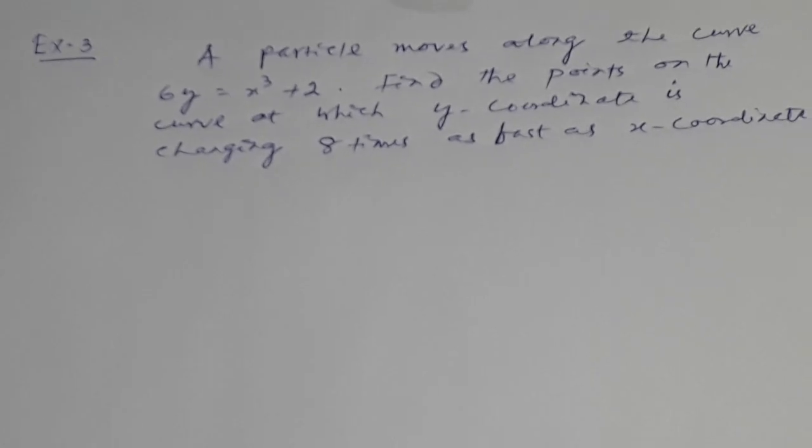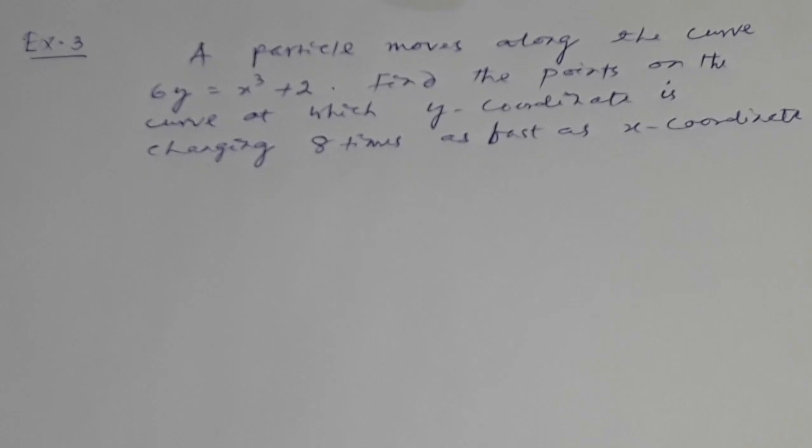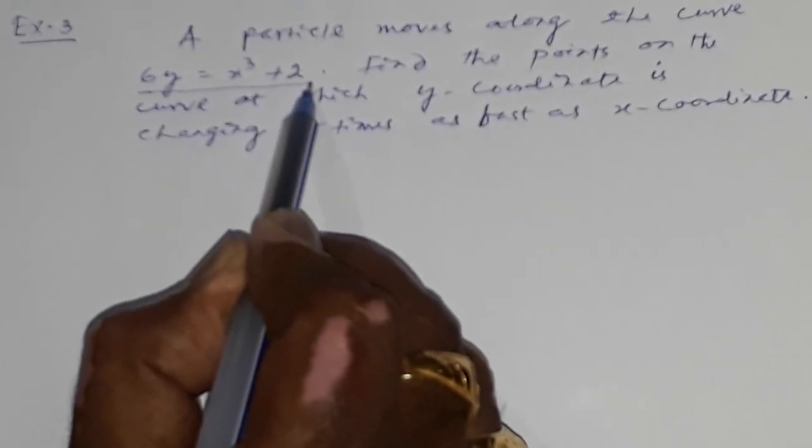Now discuss example 3. A particle moves along the curve 6y equals x cube plus 2.